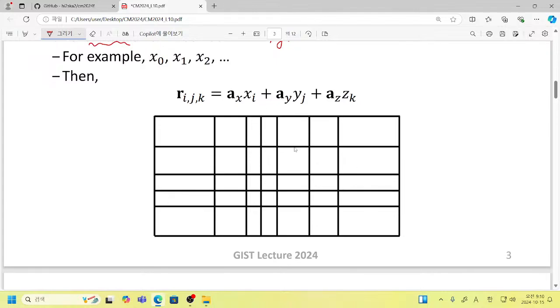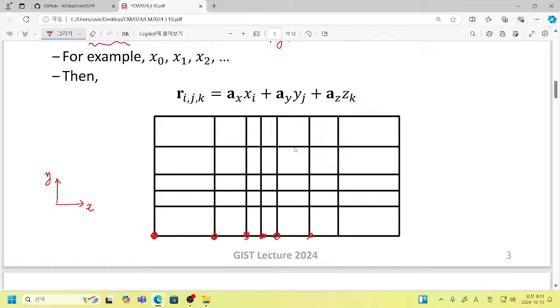For example, let's consider this two-dimensional example. Here we have X direction, and here we have Y direction. In this case, we have introduced X directional mesh. So this is the starting point, and here we have another point, and another point, another point.